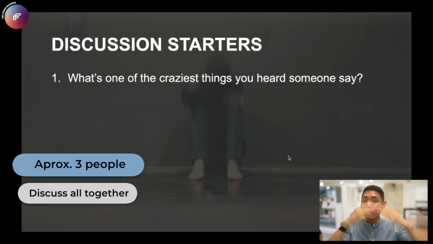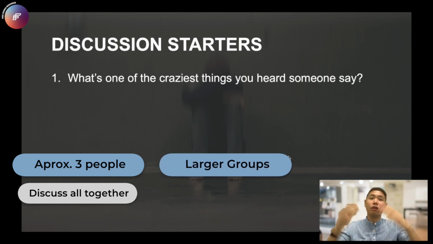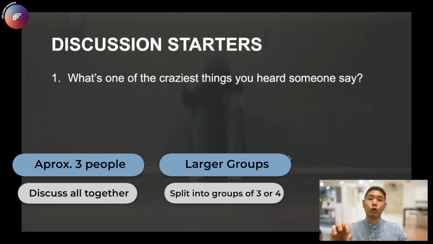If you are in a bigger group, maybe 10 people or 12 people or 20 people, what I like to do is split up the groups into groups of 3 or 4. No less than 3, no more than 4. It's so that everybody gets a chance to talk. Because if we have 10 people and we go, what's one of the craziest things, we just don't have enough time to go over every single person.